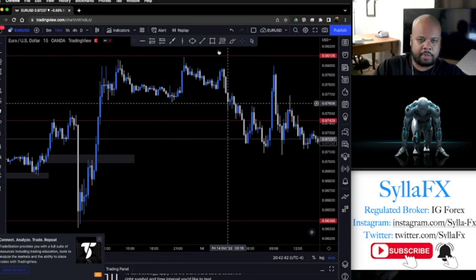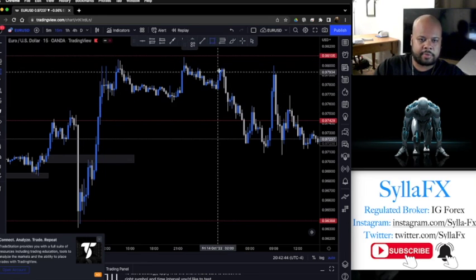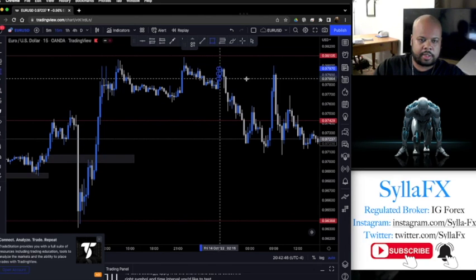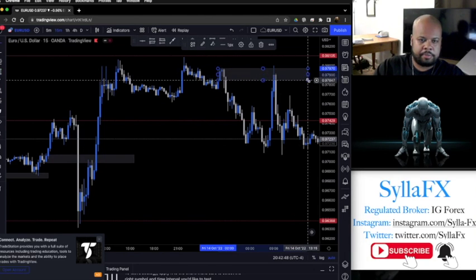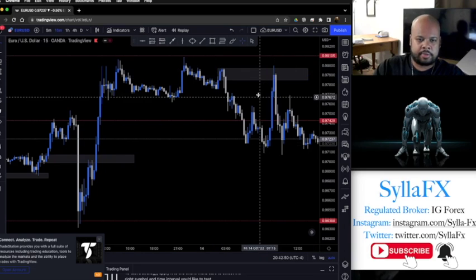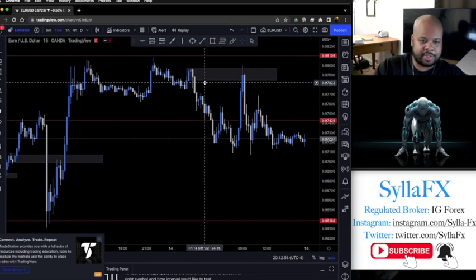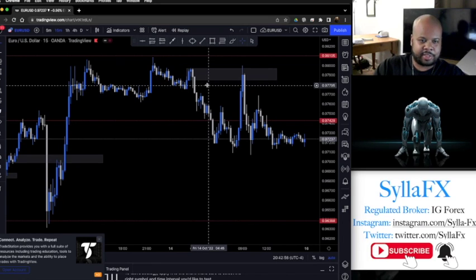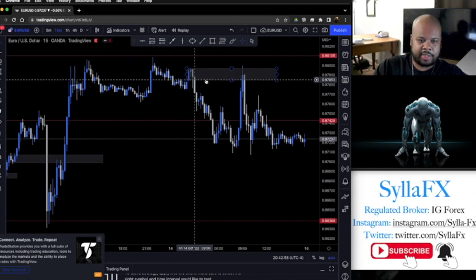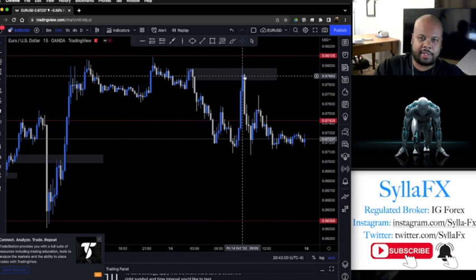At this point, I'm looking for a supply level. Right here. Boom. So, what does price do? It takes quite a while to come back up to it, honestly. Wouldn't have really expected that, but price does come back to that supply level, and this is a valid sell position.